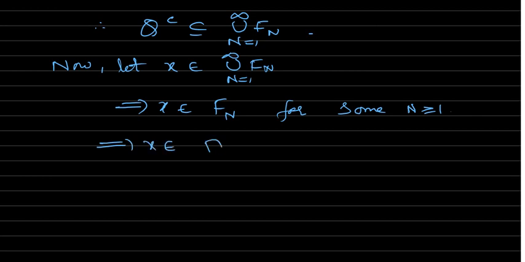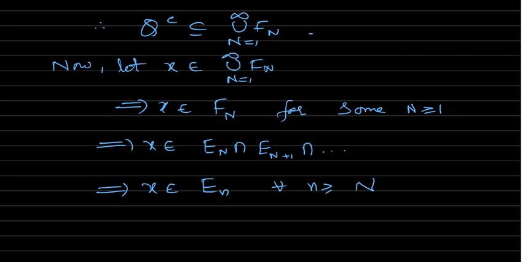Fn is the intersection. So write it in the full expanded form. It's E capital N intersection E capital N plus 1 intersection so on and so forth. So this means that x belongs to En for all n greater or equal to capital N, right? Because it is in E capital N plus 1 so on and so forth.